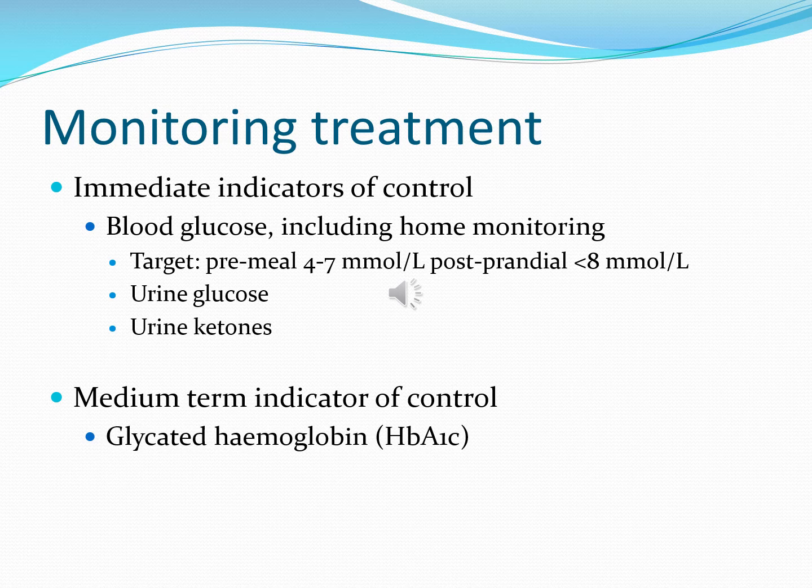You could also look at glucose and ketones in the urine, but what we're using more frequently now is HbA1c, which is an indication of glucose over the previous 2 to 3 months, glycated hemoglobin.